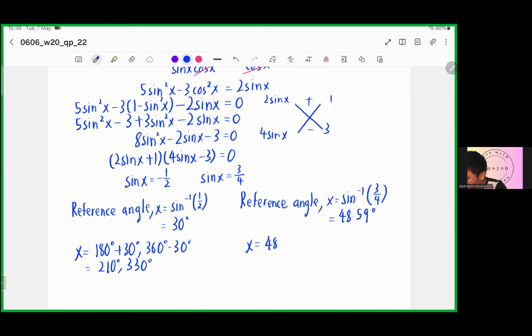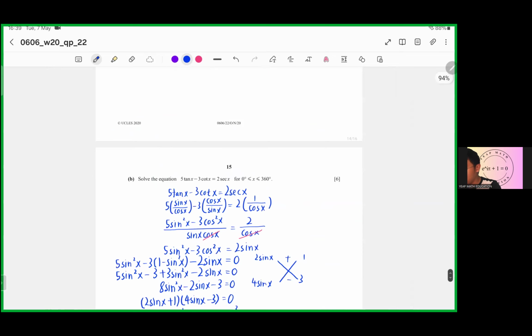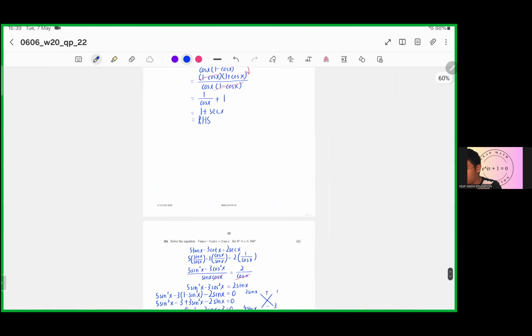So 48.59, and 180 degrees minus 48.59, which is 131.41 degrees.